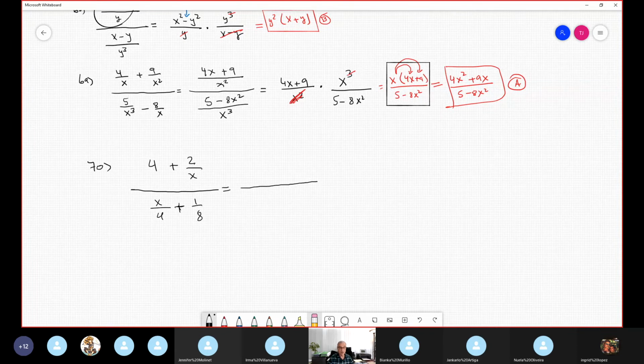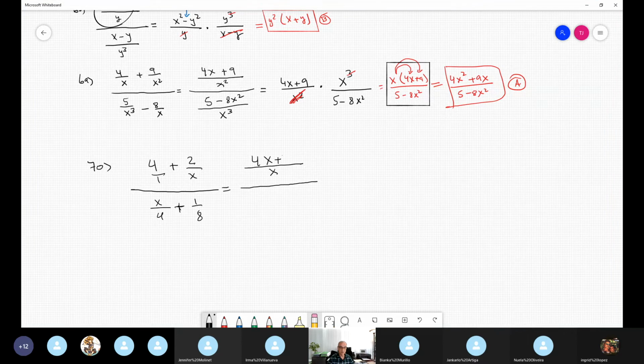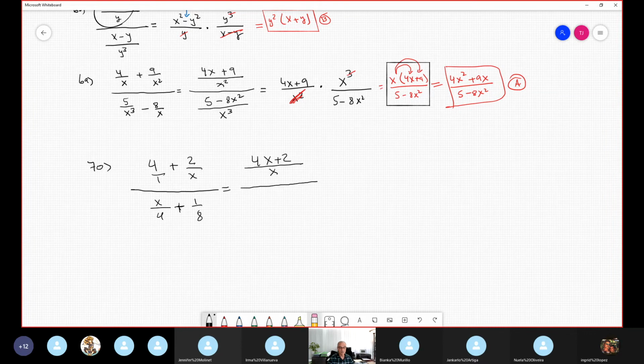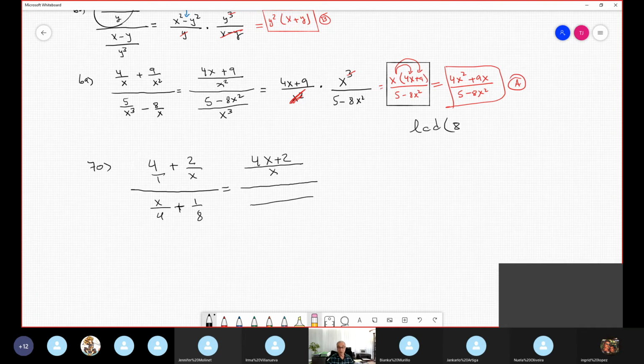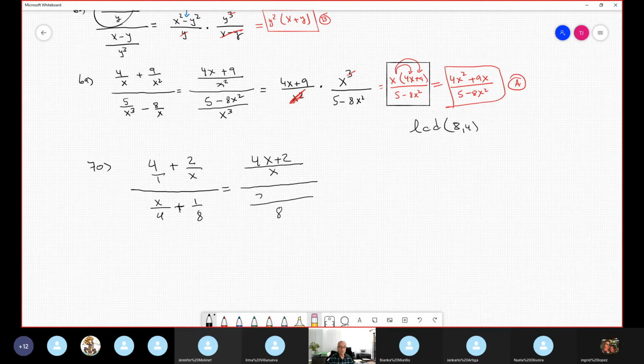But to apply the complex principle, we need to condense this fraction into only one. The least common denominator between x and 1 is x. So we have 4x plus 2. And the least common denominator between 8 and 4 is 8. 8 divided by 4 is 2x plus 1.